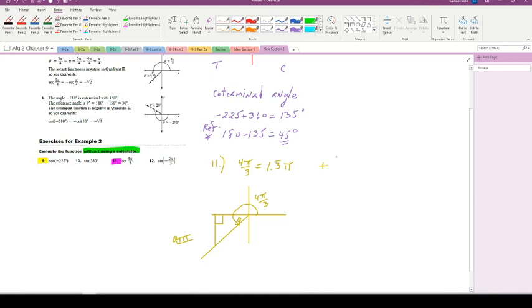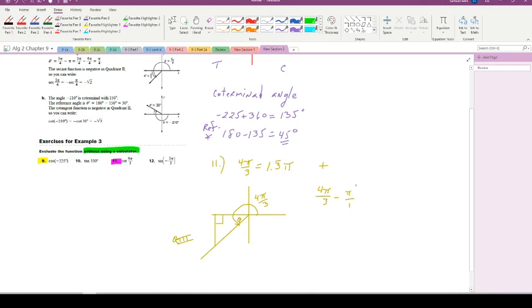In order to find the reference angle, the first thing I want to do is determine this angle. Well, I'm going to do 4 pi over 3 minus pi, because that's here, and the angle has to be this one, which is pi over 1.